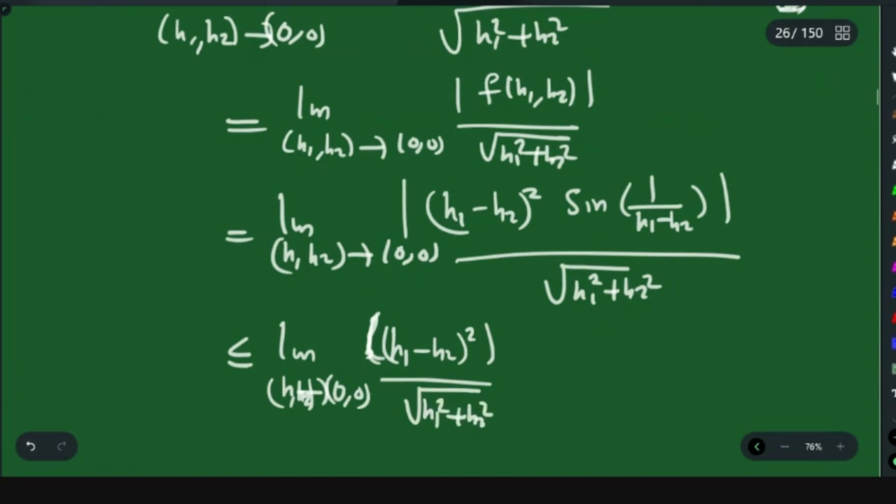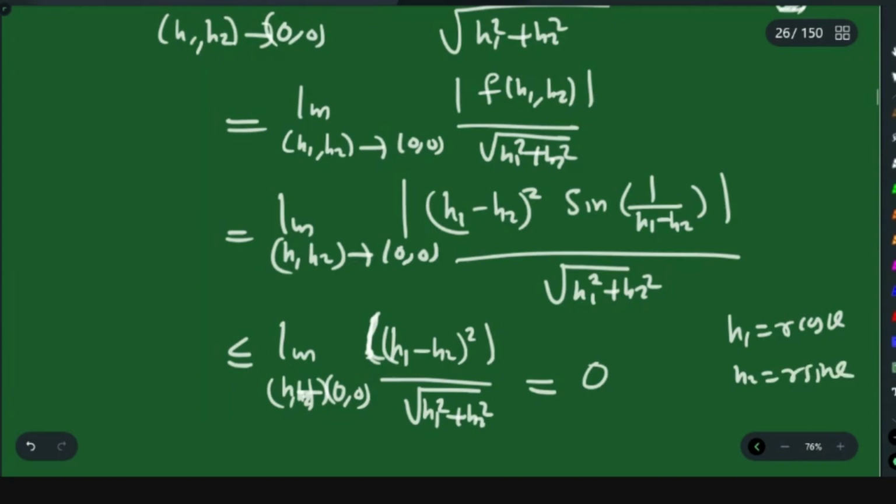You can easily verify this is going to 0, because you have a higher power in the numerator. So this should be 0. If you want to check it precisely, you substitute h1 equal to r cos theta and h2 equal to r sin theta.